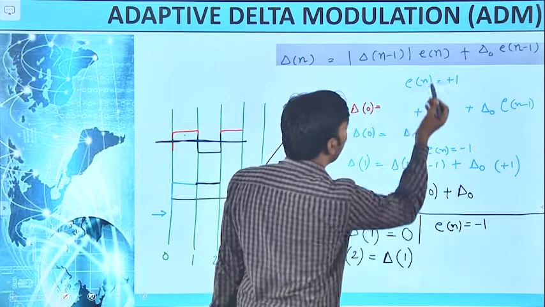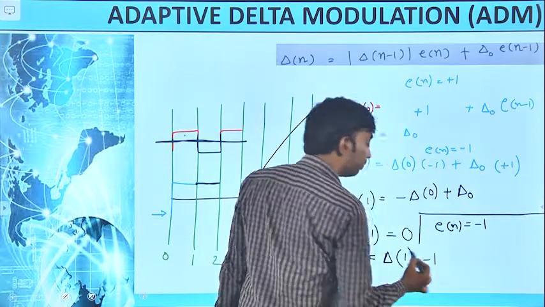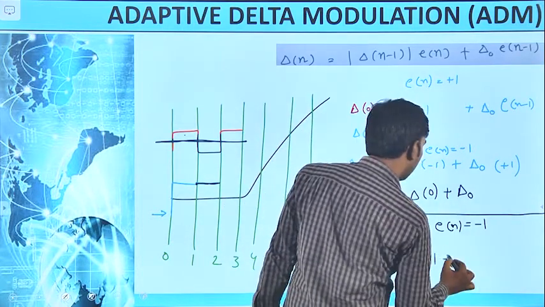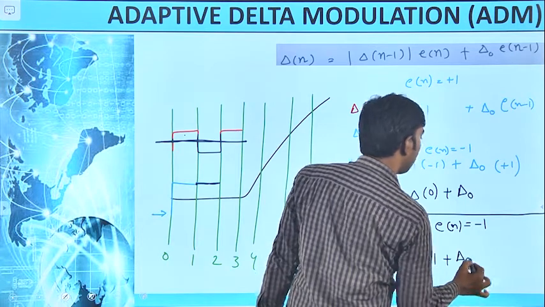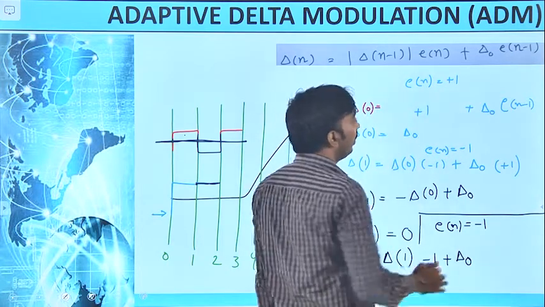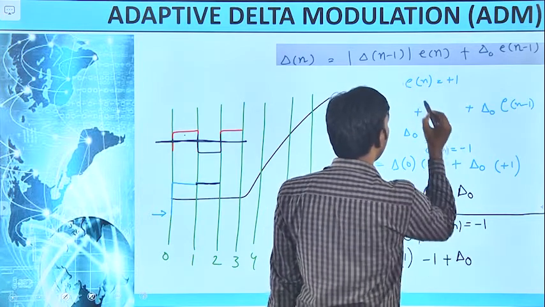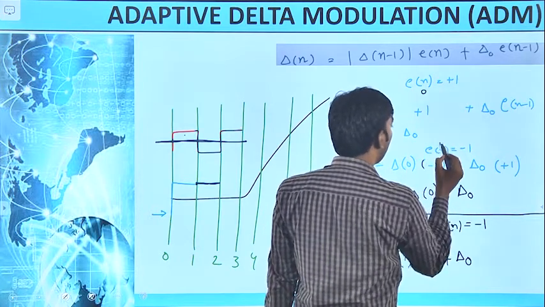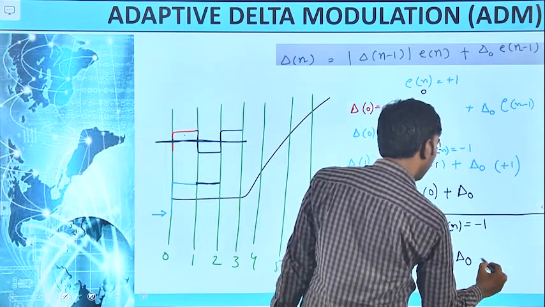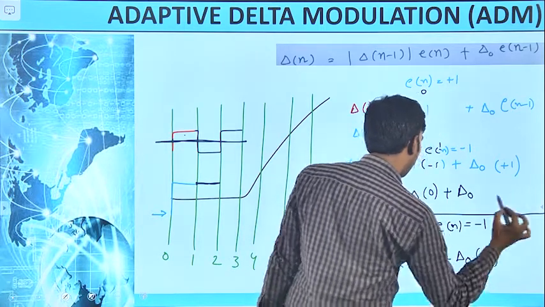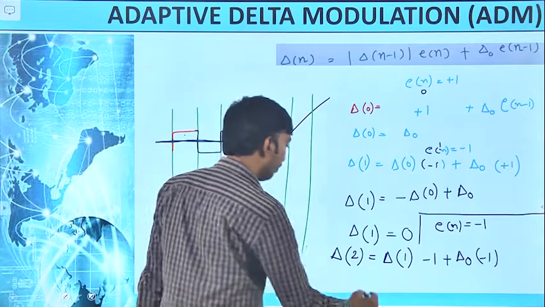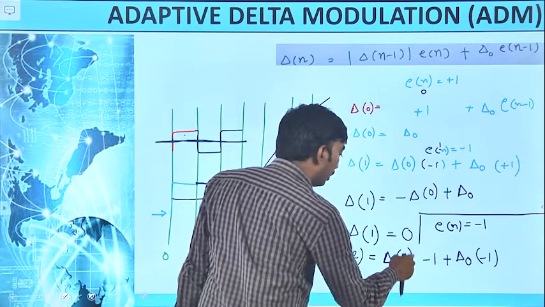And now the E of n means this minus 1 plus del 0. What is E of n minus 1? E of 2 minus 1. That means this is E of 0 and this is E of 1. I want E of 1, right? So E of 1 is minus 1, right? Now what is this?